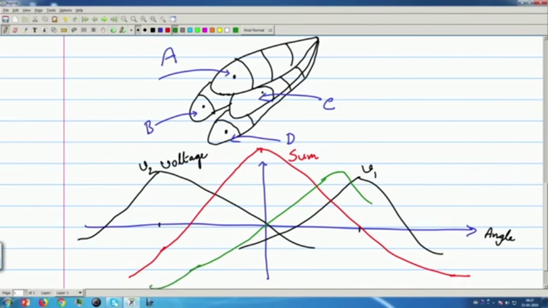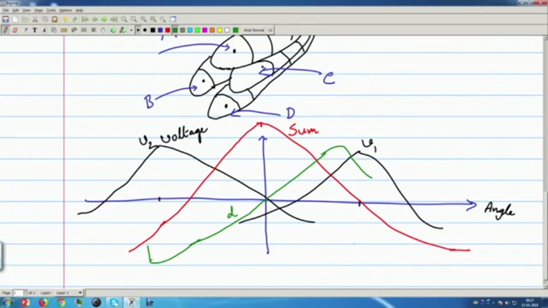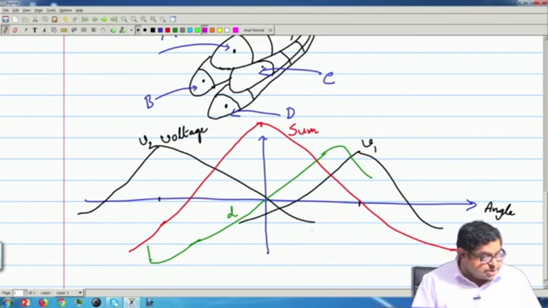In this zone you see, D is the linear region, but in these zones it is not linear. Now, people have found out that if we make a ratio of difference by sum, that means D by S ratio.